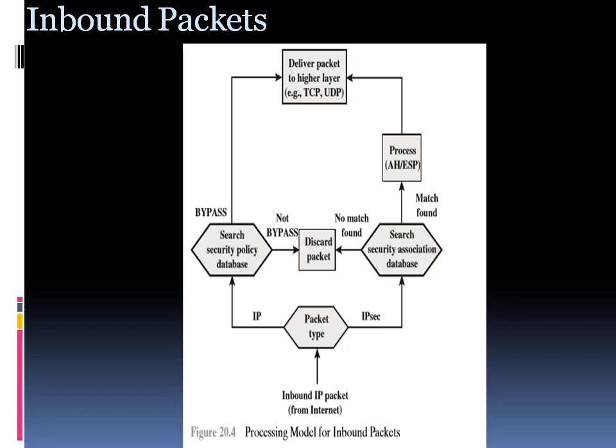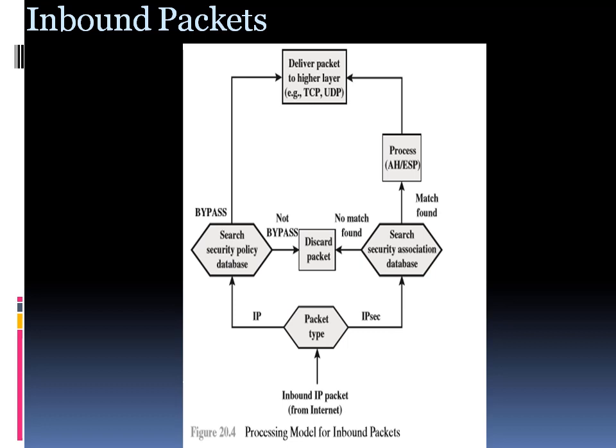After the check is done, if the packet is unsecured, then IPSec searches the SPD for a match to its packet. If the first matching entry has a policy of bypass, the IP header is processed and stripped off and the packet body is delivered to the next higher layer such as TCP or UDP. However, if the first matching entry has a policy of protect or discard, or if there is no matching entry at all, then the packet is discarded.